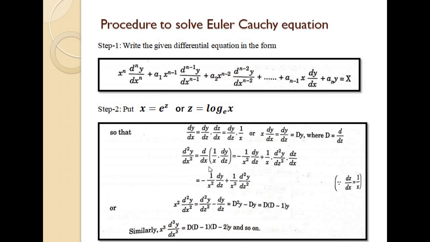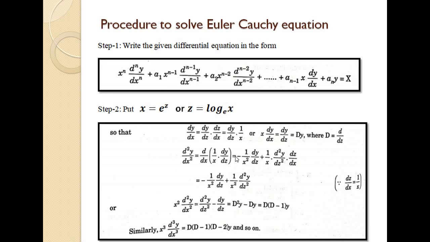So treating one of the functions as u and the other one as v, this will be equal to the derivative of the first function, that is minus 1 by x square into dy by dz, plus 1 by x into the derivative of the second function with respect to x. So it will be d square y by dz square into dz by dx. Again we are applying only the chain rule here.